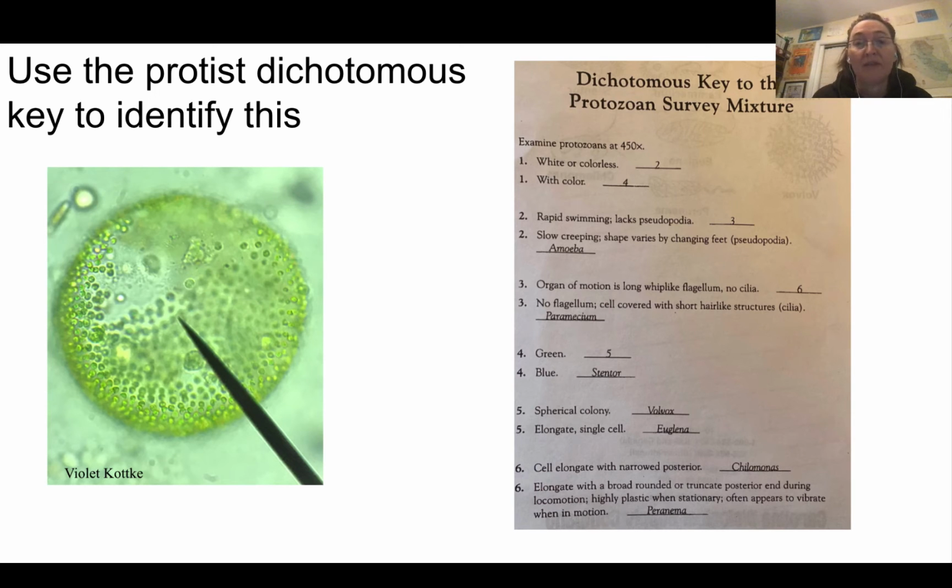So question 5 says, is it a spherical colony or an elongate single cell? Colony means what you might think it means, a whole bunch of cells living together. And indeed, each one of these dots is an independent single-celled organism that just likes to live in these round spherical colonies.